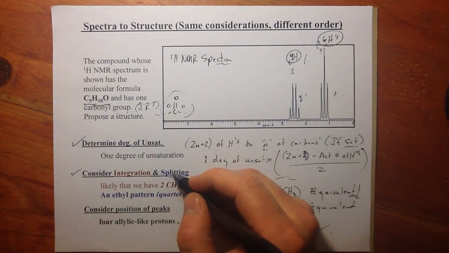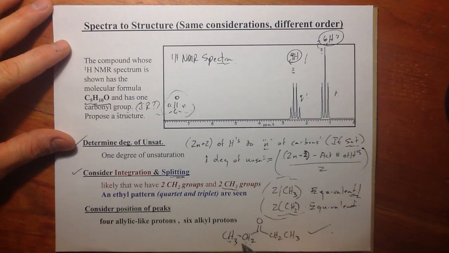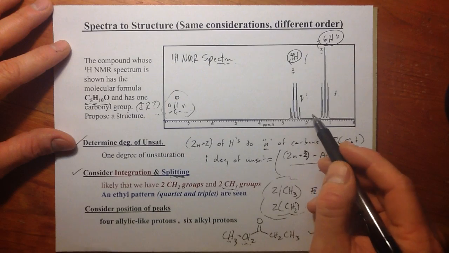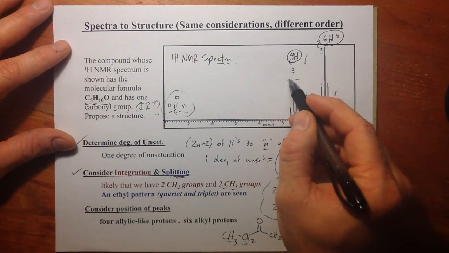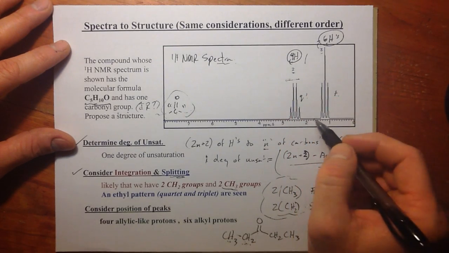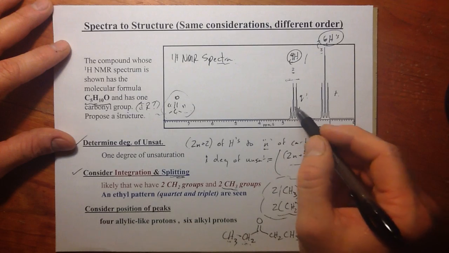So splitting looks good. And then position, we could say that because it's next to a carbonyl, we have some downfield shift. It's an allylic-like proton, a proton on a carbon next to a pi bond. And this is a pi bond to an oxygen, so there's some withdrawing effects of the oxygen that de-shields these 4 protons and moves them downfield. So we expect this signal in that 1.5 to 2.5 range.